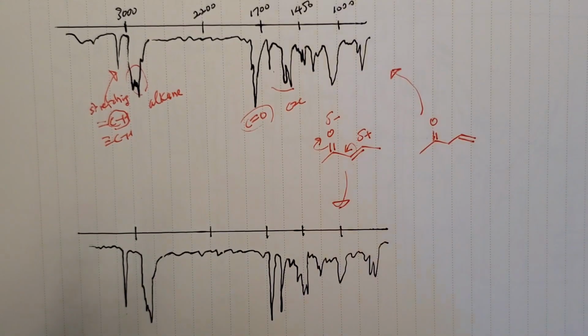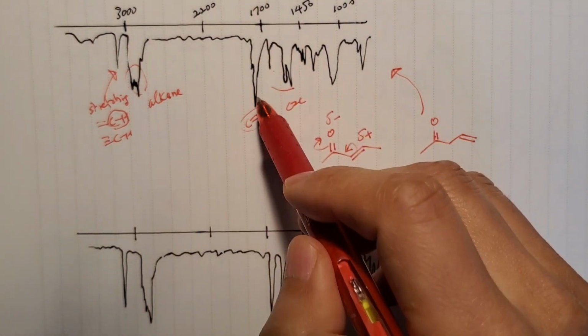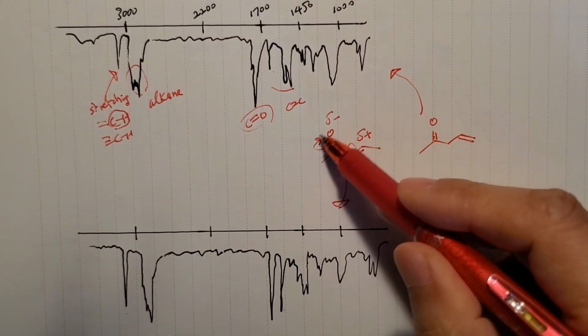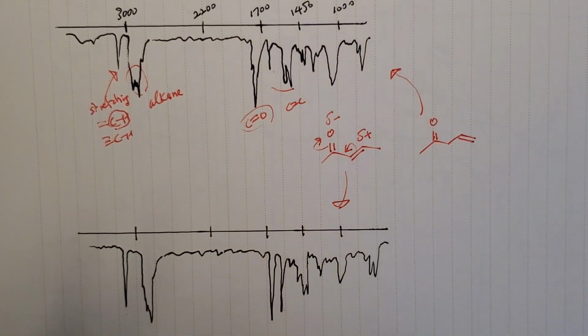It should be around 1715, but there is a resonance that is breaking the double bond. So the double bond becomes half and half, like a 1.5 bond. So the K value becomes weaker, smaller, so the frequency should drop.